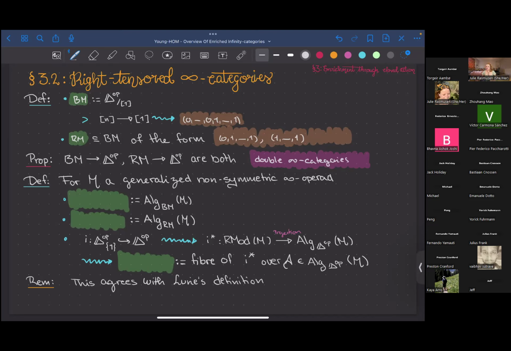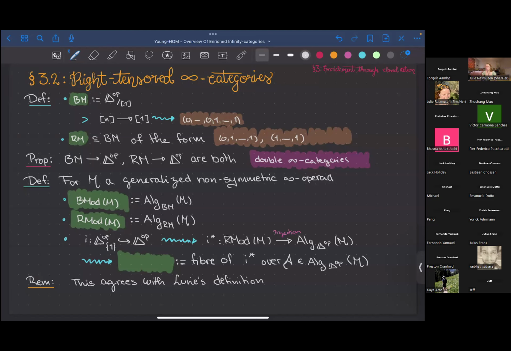That means that if we're starting with a generalized non-symmetric ∞-operad M, we can define BMod on M to be the BM algebras in M, and similarly RMod on M, that is the RM algebras on M. Okay.